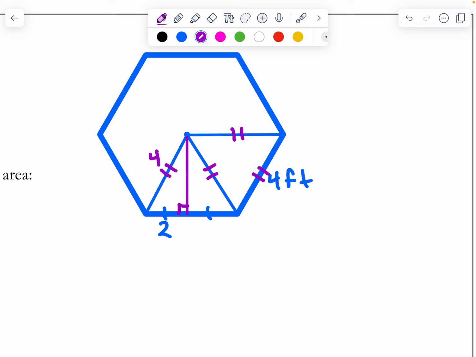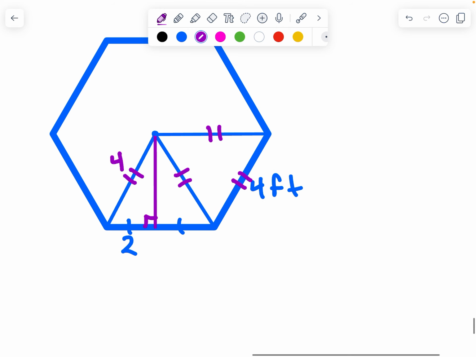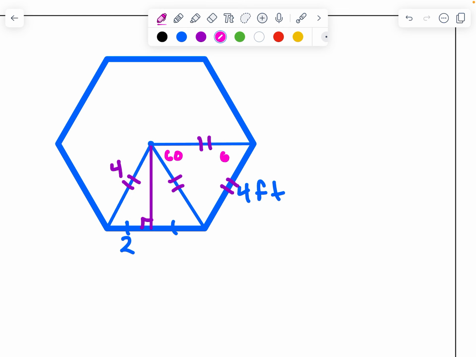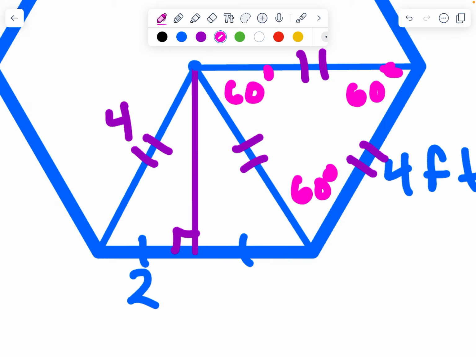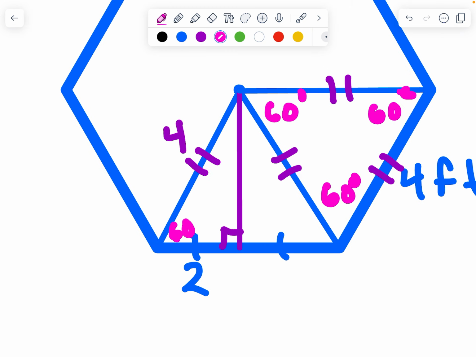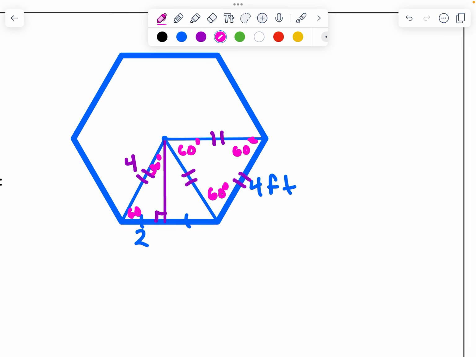Now, why do I keep saying equilateral triangles? Well, when we bisect an equilateral triangle, remember that goes from having a 60, 60, 60 angle sum, where all 3 angles are the same, to being a 60, 30, 90 triangle.